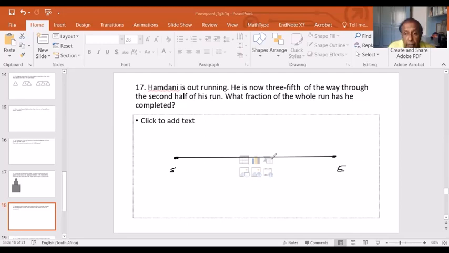Start and end. Now, he's 3/5 of the second half of his run. So, the second half will be this one. And he's finished 3/5 of this. So he's here somewhere.